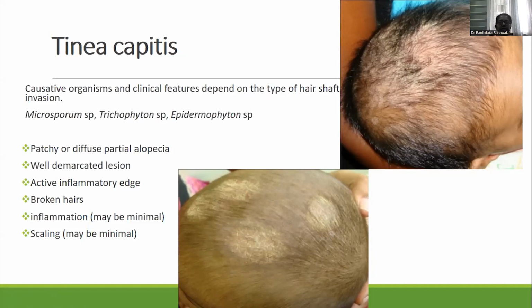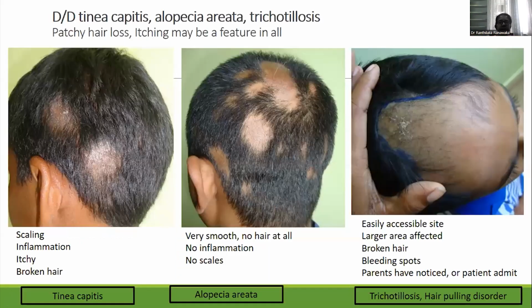So what are the differential diagnoses of tinea capitis? The first one is tinea capitis. Second one, alopecia areata. Third one, we call it trichotillomania or hair pulling disorder. When you call it mania, it's a psychiatric illness.